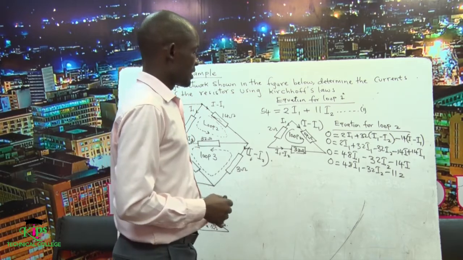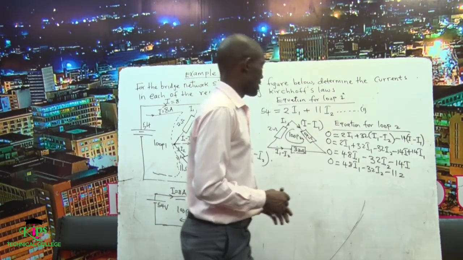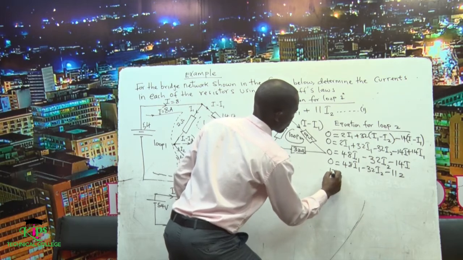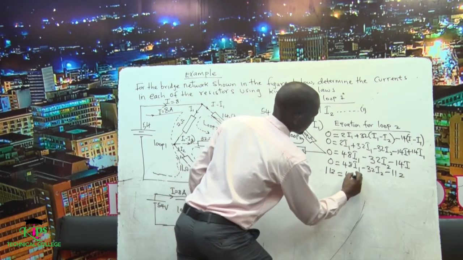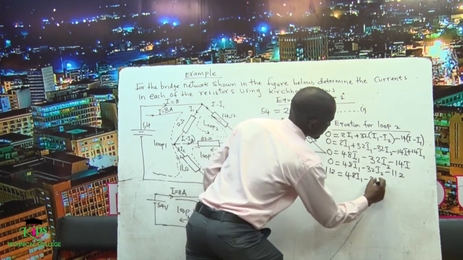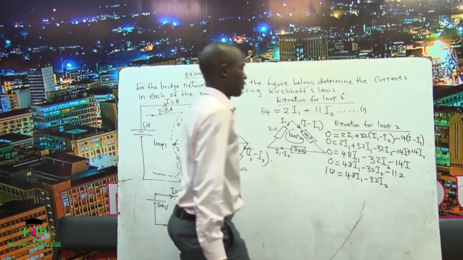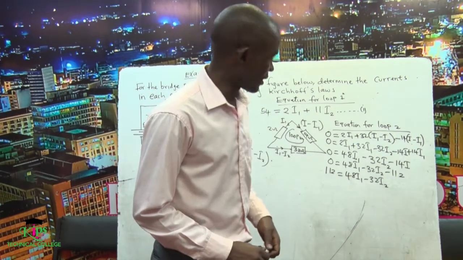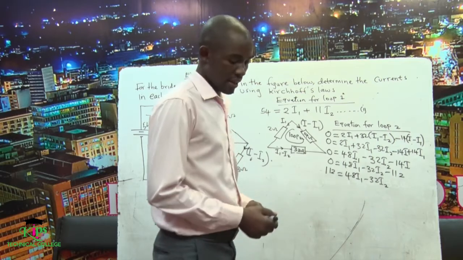Now we can simplify this equation. If you bring this one to the other side, you will have 112 equal to 48 I1 minus 32 I2. So that happens to be our second equation, but you can simplify further.